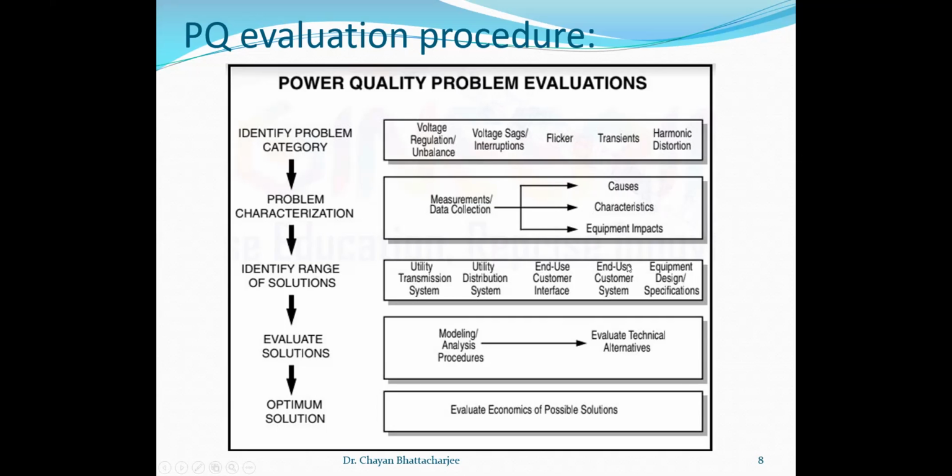If you go from the distribution side towards the transmission side and want to deploy your mitigation device, then your cost will increase, because your kVAR rating will increase. For example, if you want to compensate reactive power for voltage sag, you know that reactive power has to be injected if there is a voltage fall. Then where will you use that?